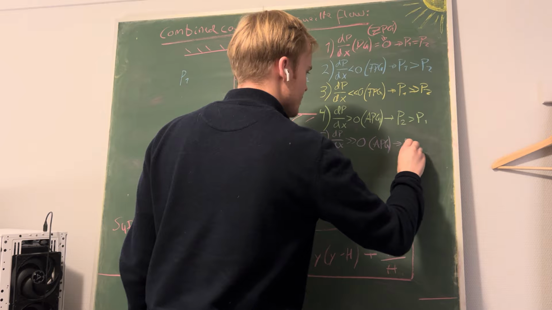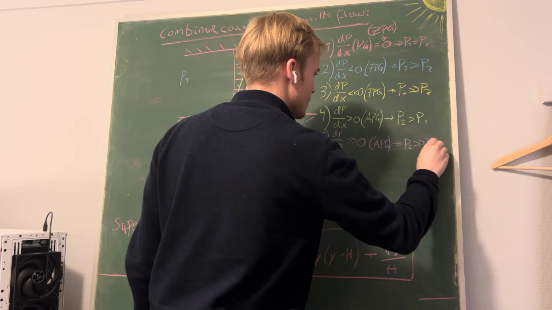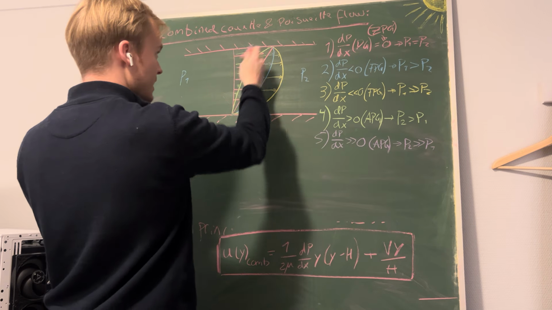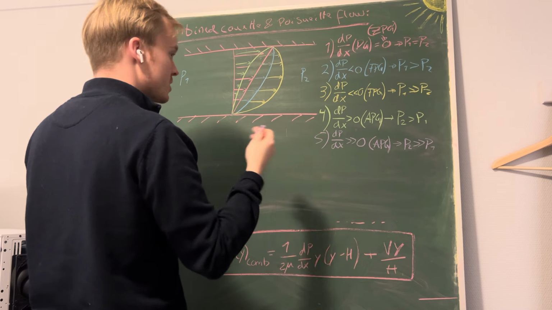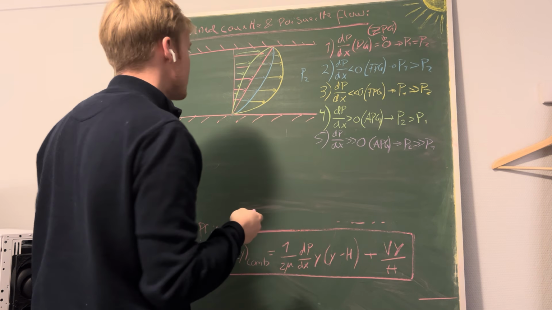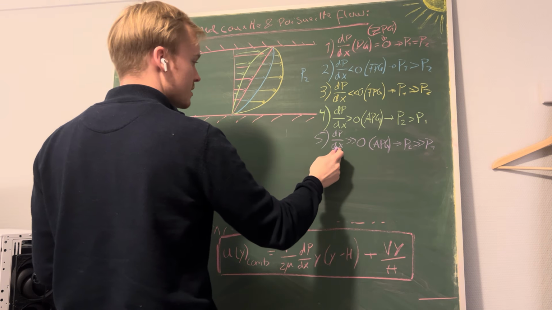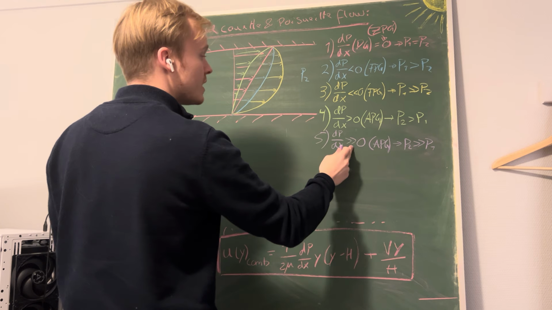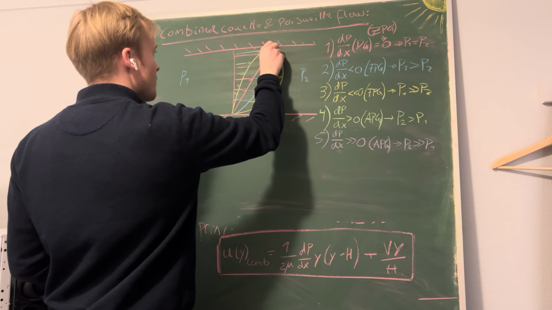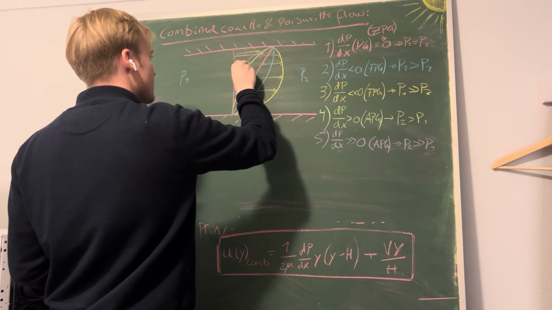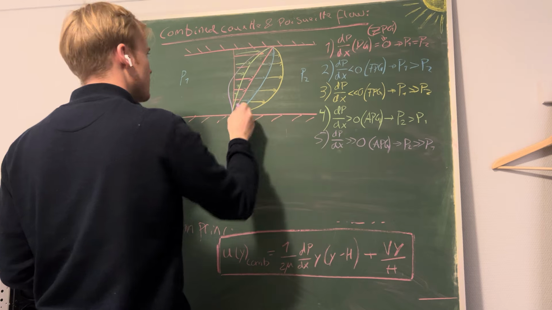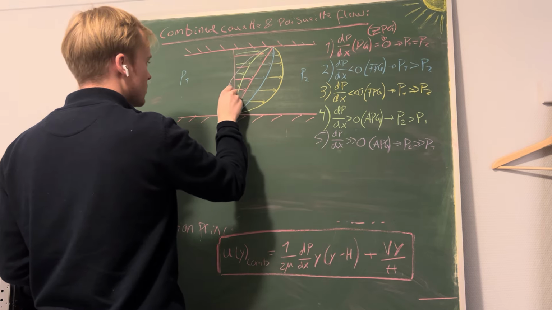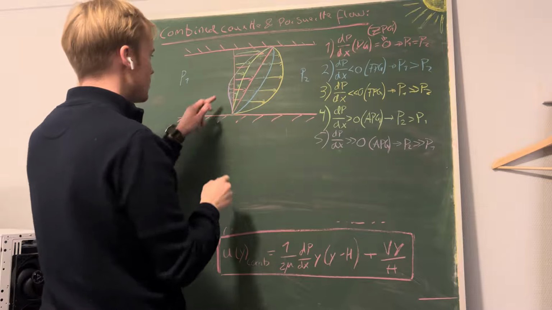So this means that P2 is much bigger than P1, meaning that now we have even more pressure forces working against our Couette flow, which at some point, when this is getting a value bigger than 0, we are getting something that looks like this. So now we actually have some kind of backflow at this small section here.